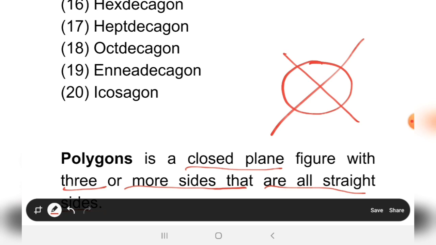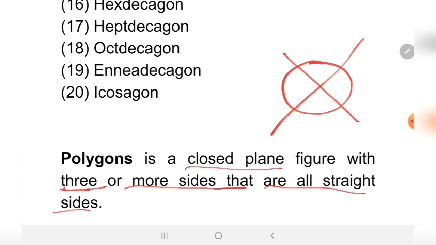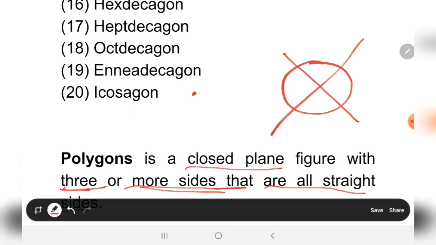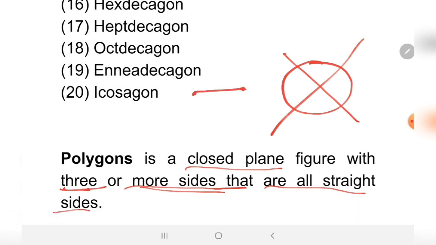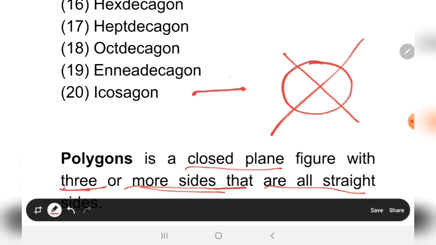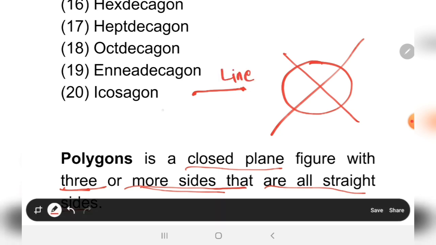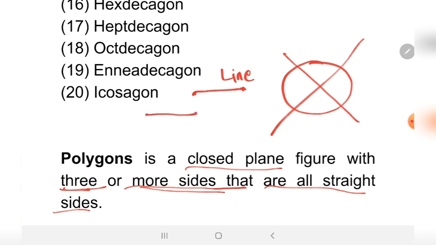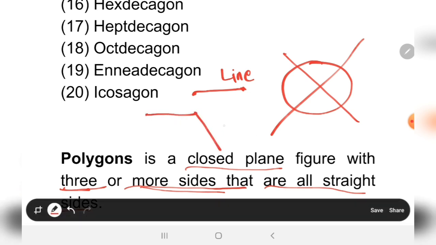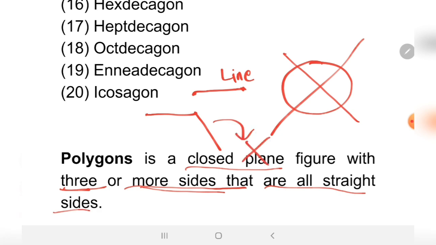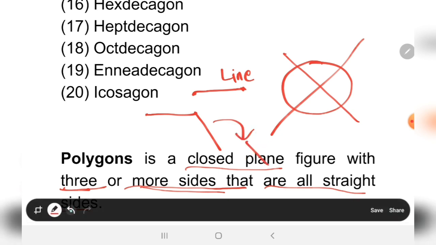Why do polygons start from 3 and then more sides? Because if we have only one side, we have only a line. And if we have two sides, these two sides are not a closed plane figure, right?